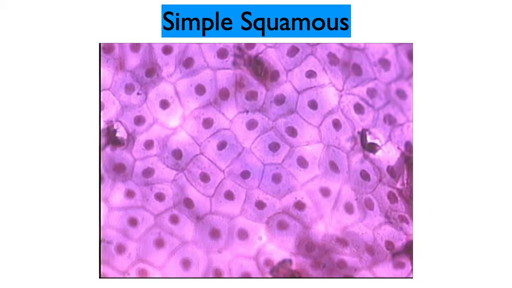I've highlighted in the past, you would find simple squamous cells, for example, inside the alveolar sacs in your lungs. They have to be very thin so that they can facilitate diffusion of oxygen across that barrier between the air that's contained in the sacs and the gases that are dissolved in the blood.